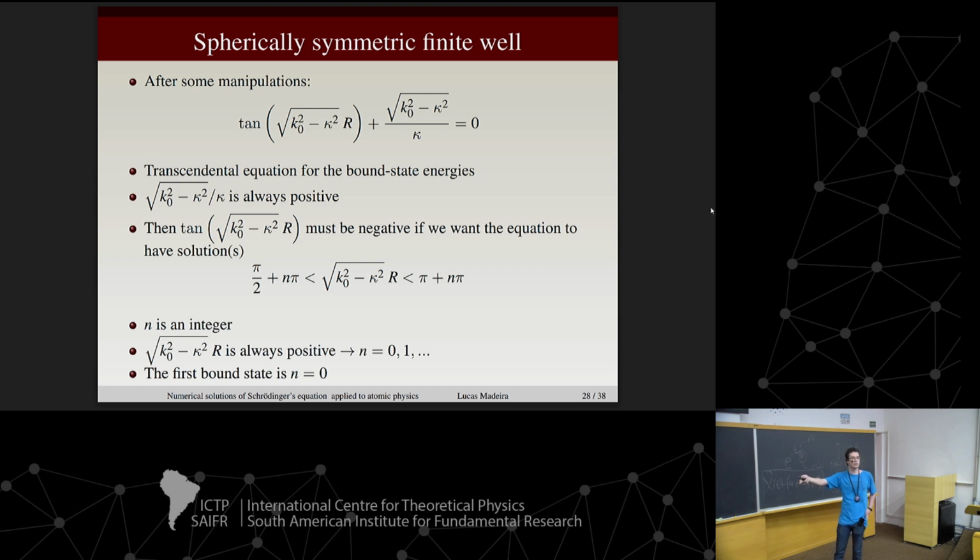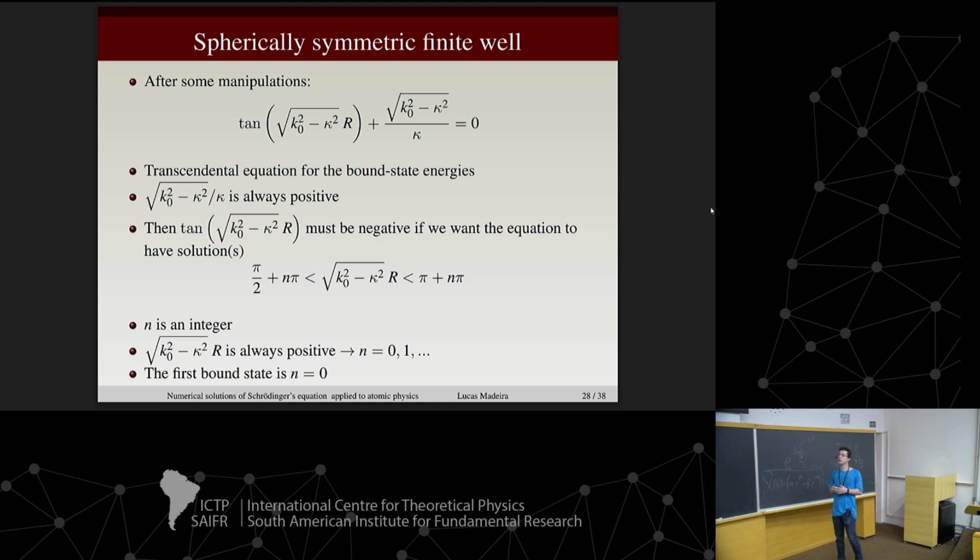We could have a situation where we have more than one bound state. Okay, I want my tangent to be negative, so this argument here must be between pi over 2 and pi, and the tangent has a period of pi. I can have n pi added to this to get my solutions, all right? This thing here is always positive, as we discussed, so I can only have n to be 0, 1, 2, and so on.